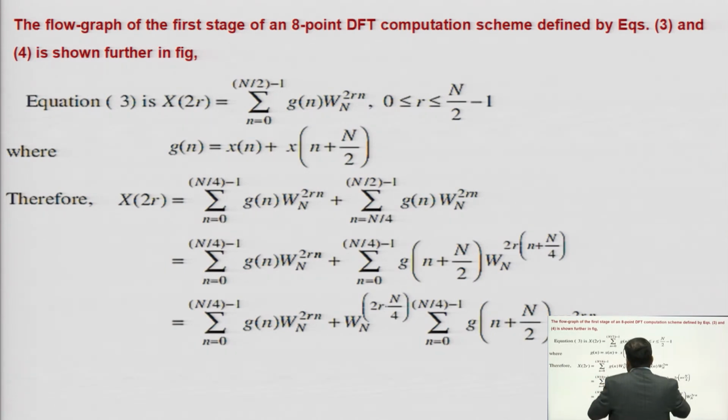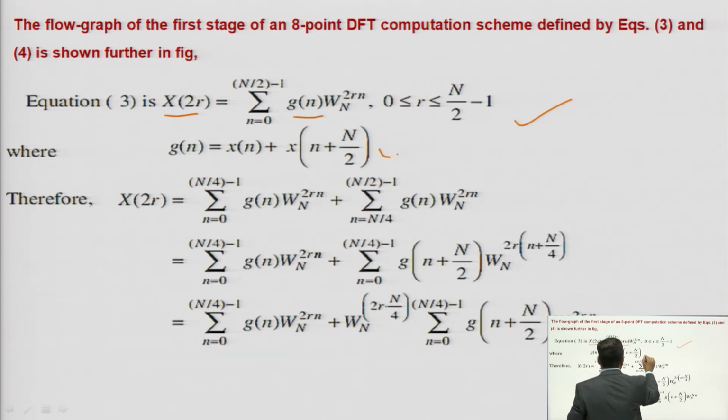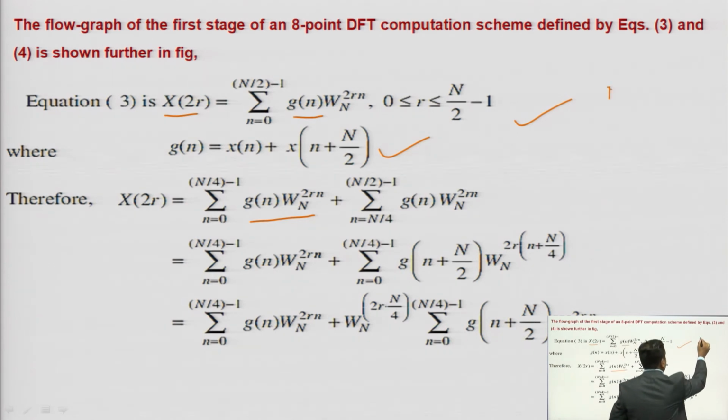Now, further you have to divide n by 2 into n by 4, n by 4. For that, from equation number 3 your x of 2 r is equal to this one, okay, and g of n you are assuming x n plus x n plus n by 2. Now, x of 2 r is equal to g n W n 2 r n, okay, because again this n by 2 sequence you are dividing into n by 4, n by 4.